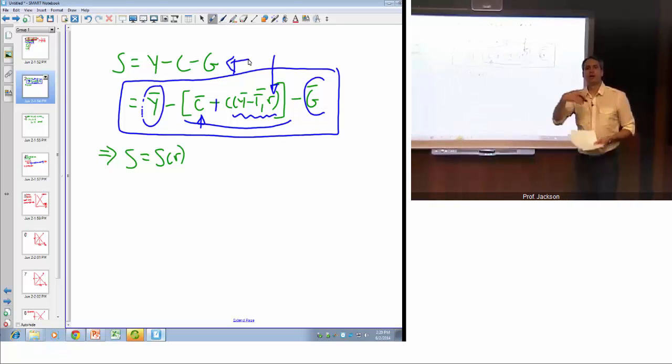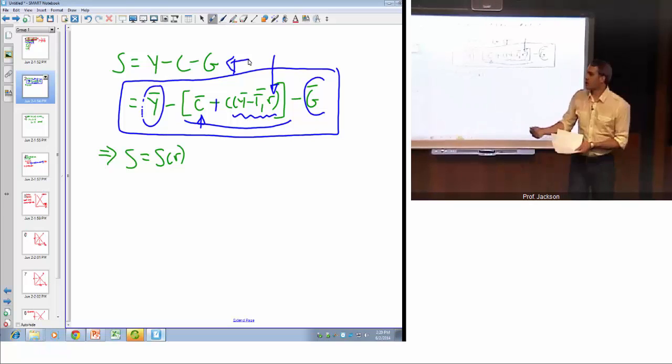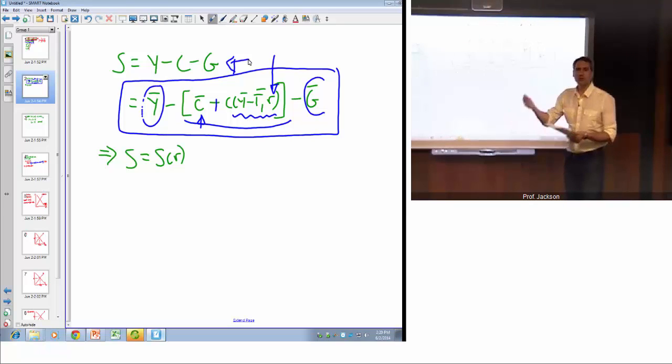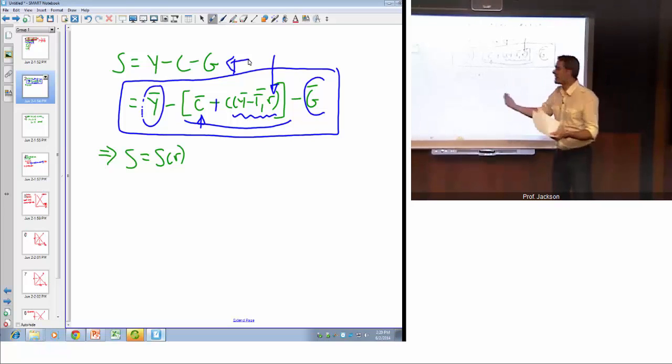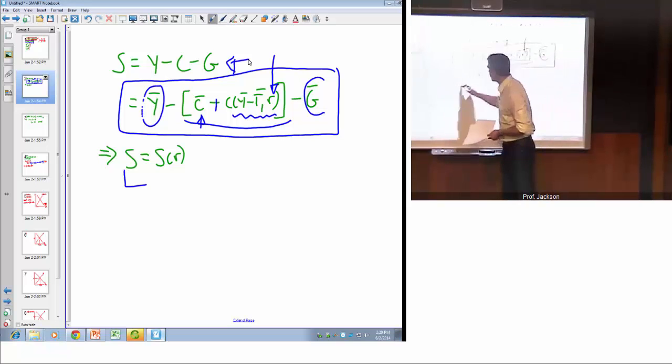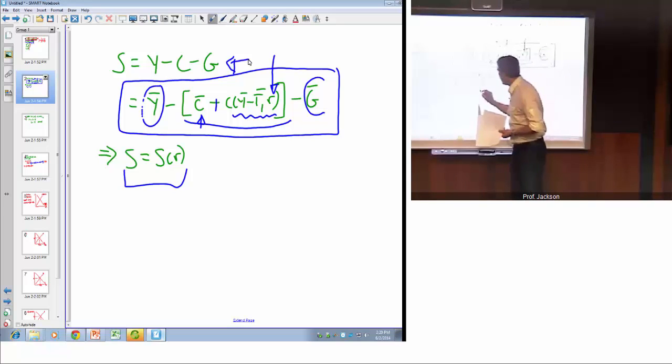Variation in the real interest rate impacts households' decisions to consume versus save. A higher real interest rate means households consume less and save more, and therefore the total amount of savings in the economy is going to be higher. And so the punchline then is that saving in the economy is going to be directly related to the real interest rate, and that's going to be a positive relationship.